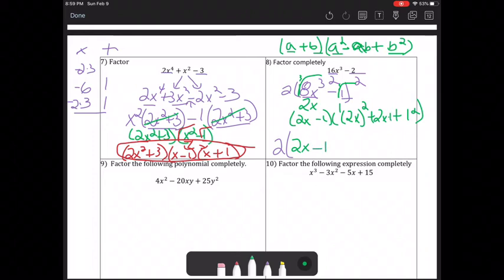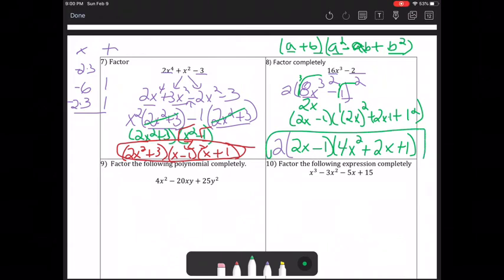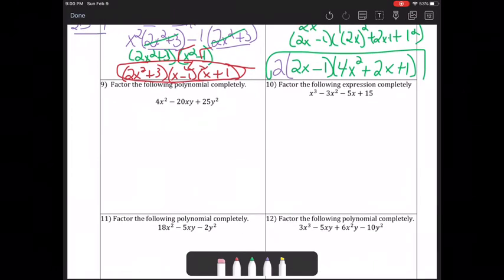And when I multiply all that out, it's going to be 4x squared plus 2x plus 1. And just don't forget the 2 that you originally factored out. And that's your final answer there.